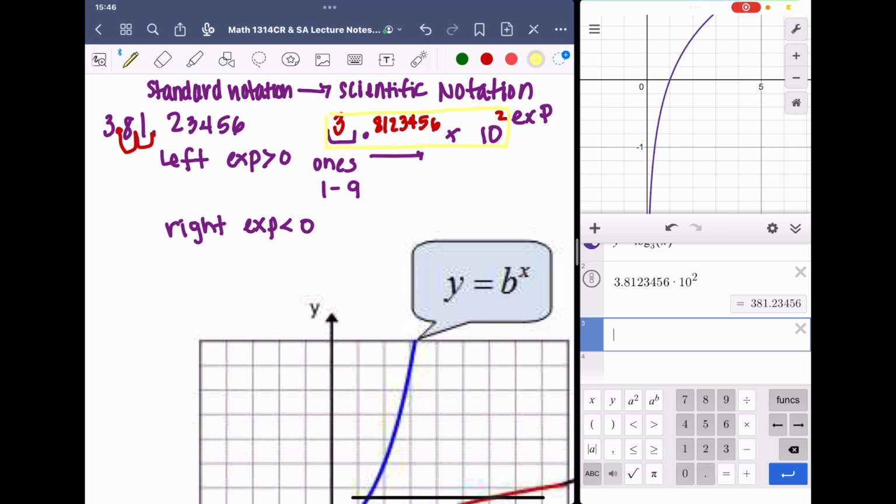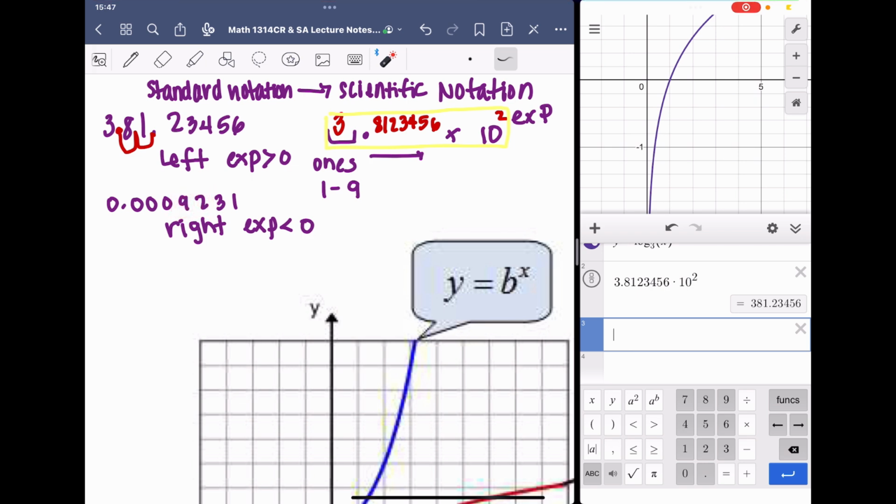Okay, now let's do an example where we'll have a negative exponent. So we have the number 0.0009231. Our decimal needs to be between the 9 and the 2.